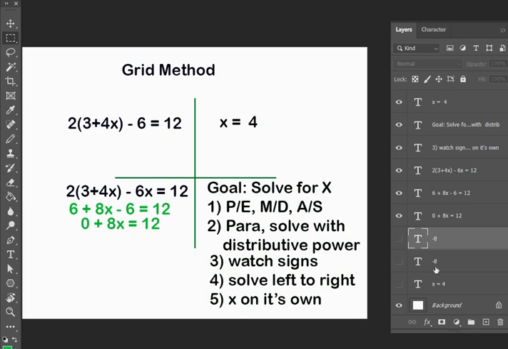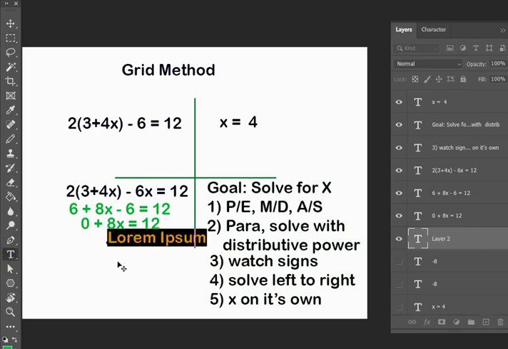And for some reason here I subtracted. I don't know why. So I'm just going to come in here and fix it now.